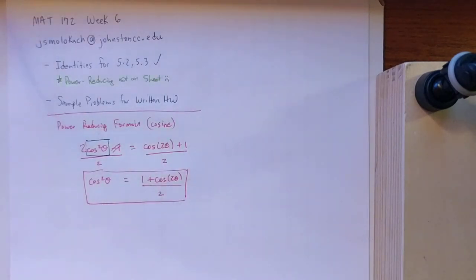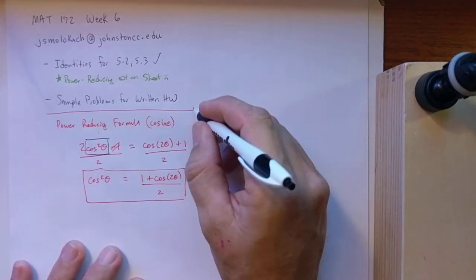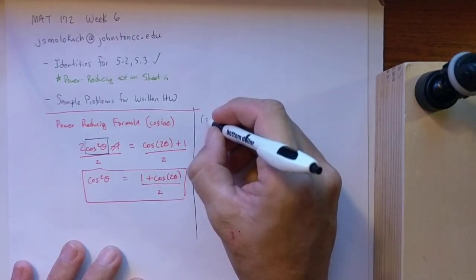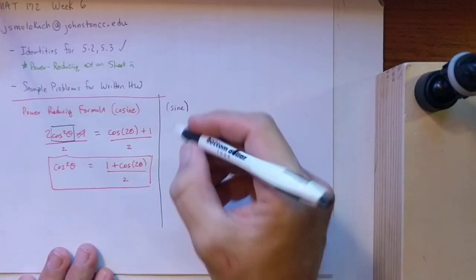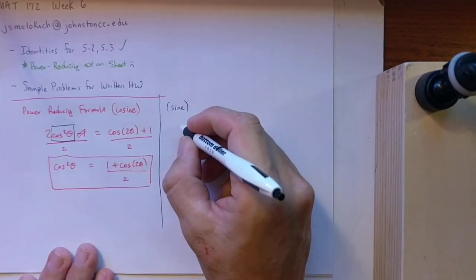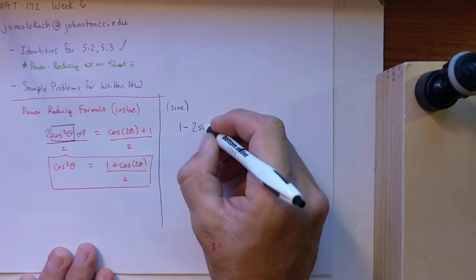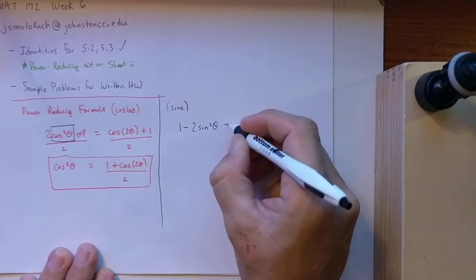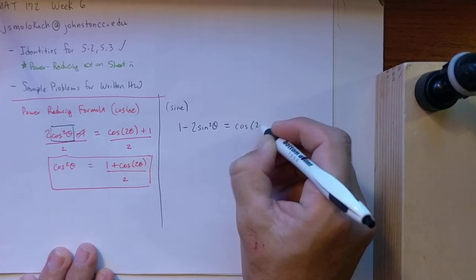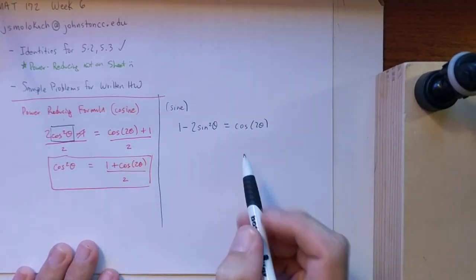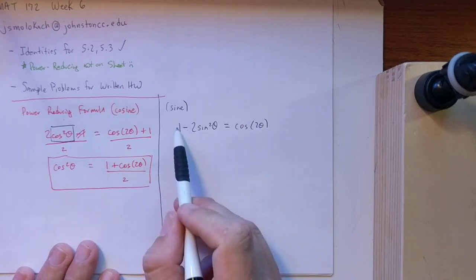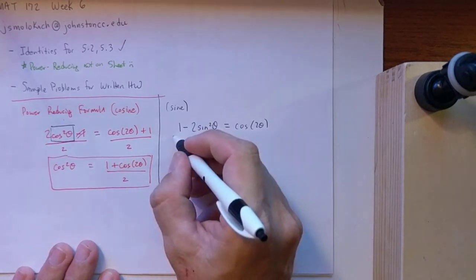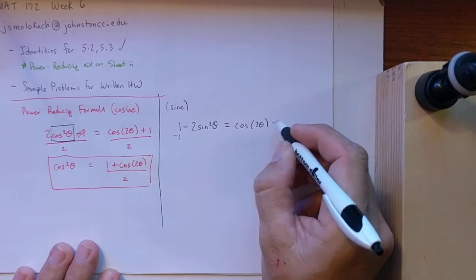I'll do that real quick, in black because I think the light green doesn't really show up too well. So we have 1 minus 2 sine squared theta, and that's another thing that can equal the cosine of 2 theta, right? What we need to do here is a little bit more tricky because there's a negative sign, but the 1 is positive. So we're going to subtract 1 from both sides.